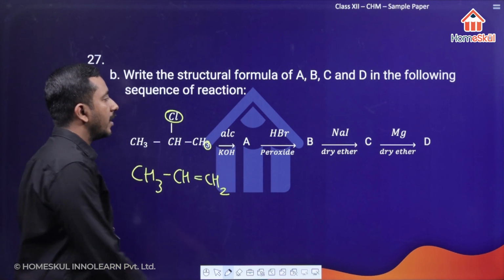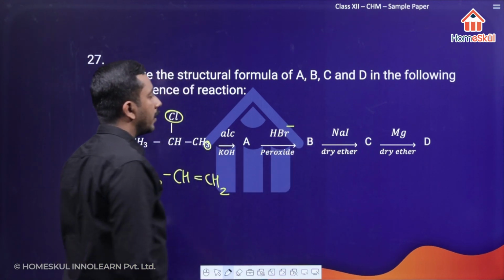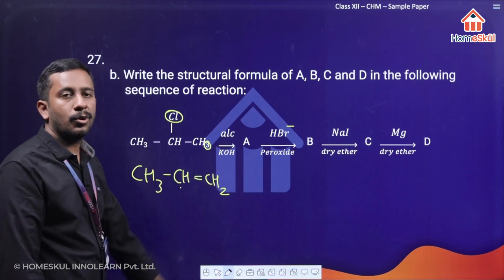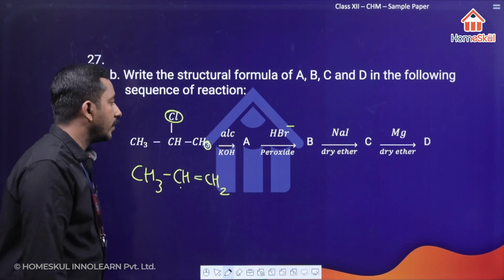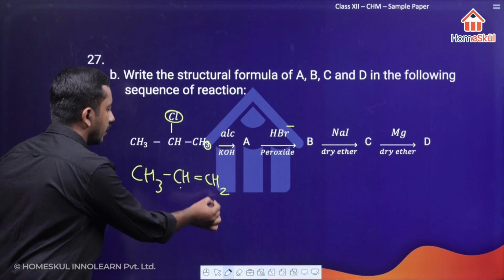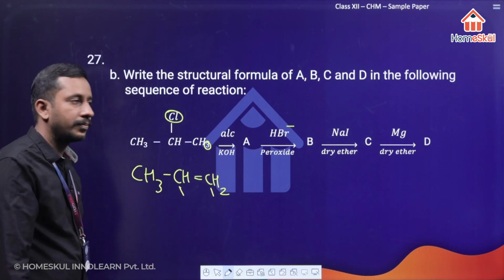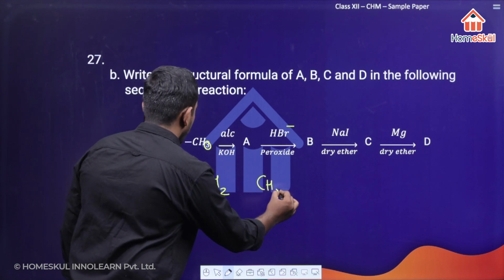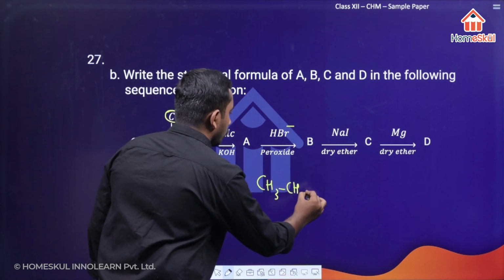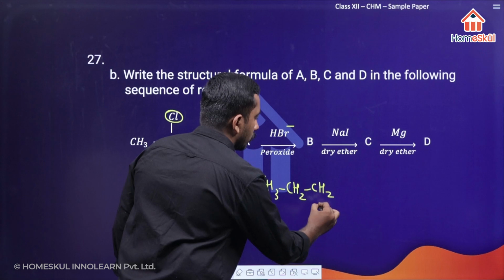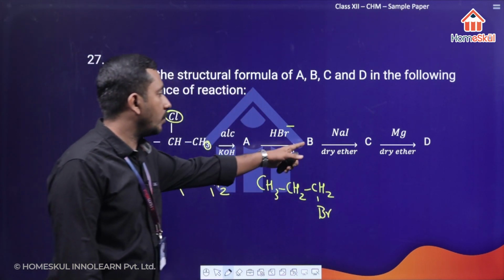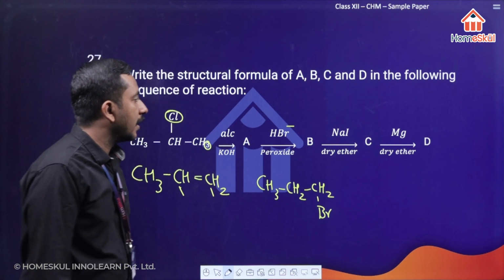Usually the Br minus, the negative part of the addendum, should attach to the most substituted carbon, this carbon. But since the reaction is anti-Markovnikov, the Br minus is going to attach to this carbon and hydrogen would come here. The product we then obtain will be CH3, CH2, CH2, Br. That will be our product B, which is an anti-Markovnikov product.